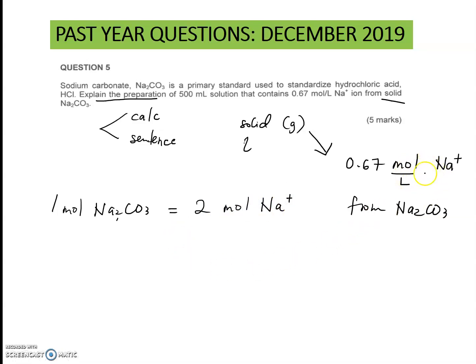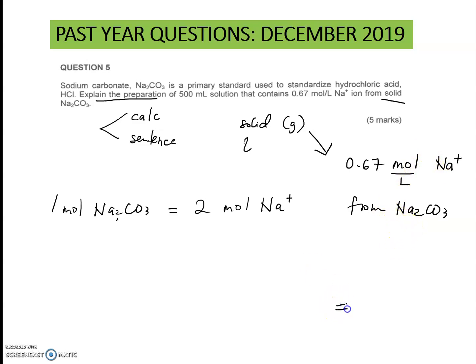So given here is the concentration of ion, you find the mass of sodium carbonate from the concentration. From here you can get mole, skip the 4 gram step earlier, then you can get mole sodium carbonate and mass.